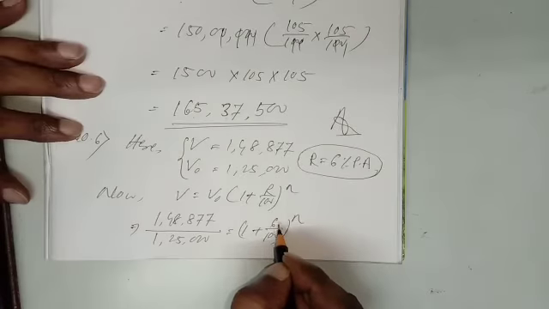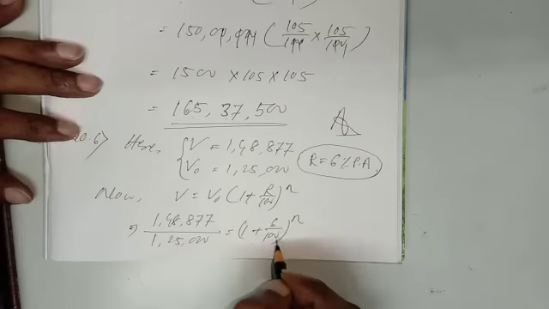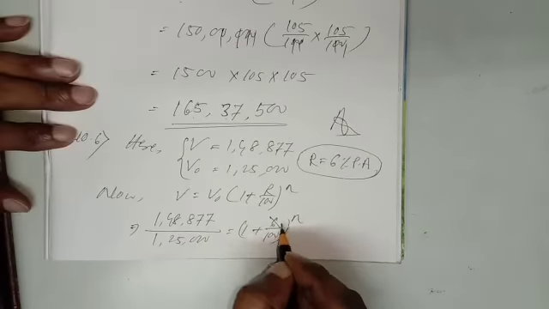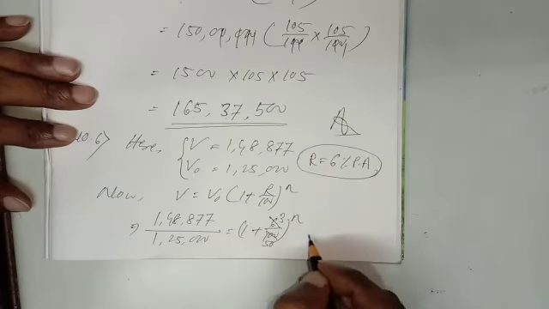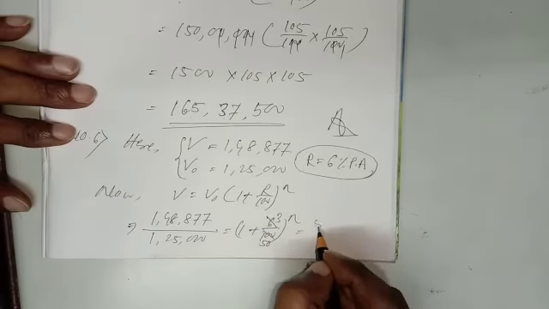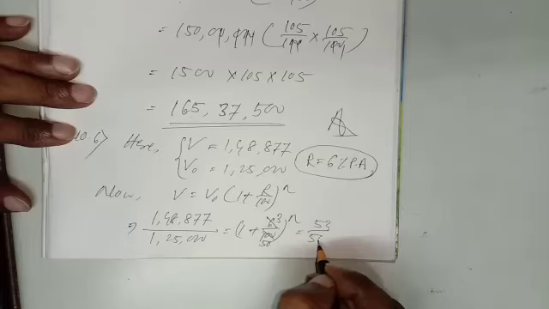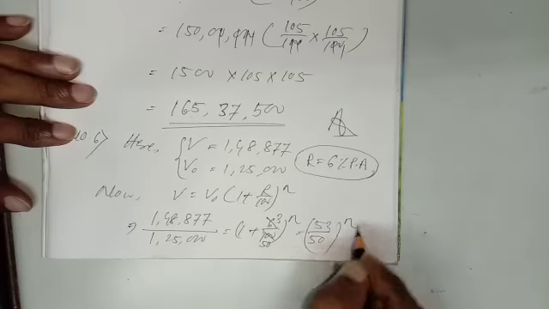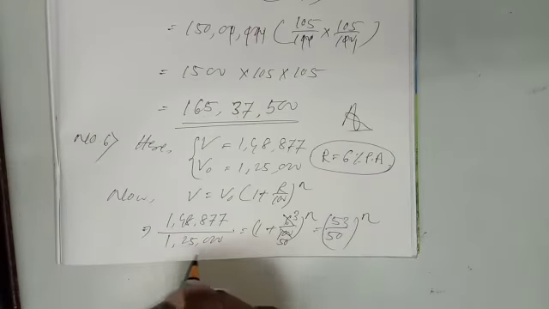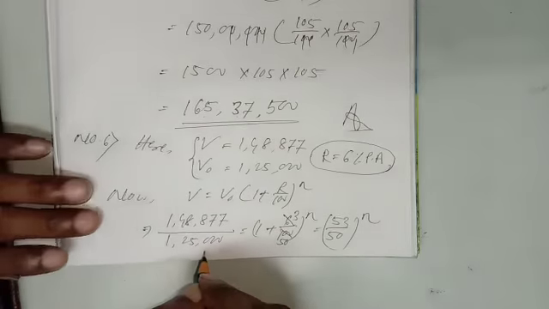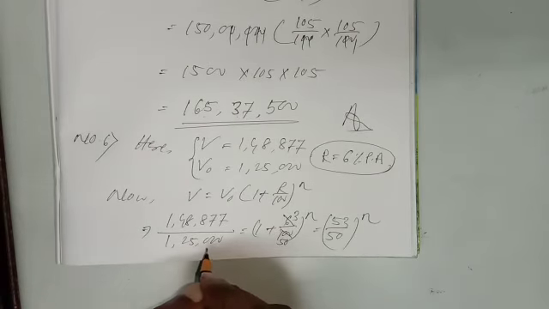6 by 100 will go by 2, 3 and 2, 3 is 6, 250. It is coming 53 by 50 whole to the power n. And you have to see, 50 whole cube, if you multiply 50 three times, this will be 1,25,000.